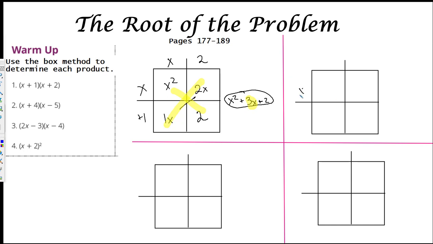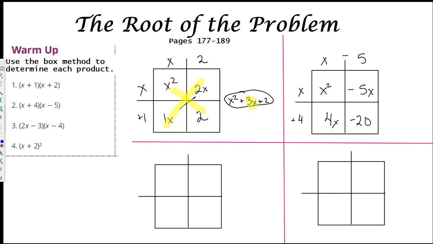So in the next one we had x plus 4, and it really doesn't matter if you went the same way I did or not, and x minus 5. So when we do x times x, that gives us x squared. x times 4 gives us 4x. x times negative 5 gives you negative 5x. And negative 5 times positive 4 gives us a negative 20.